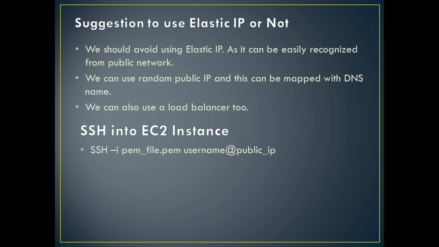Then the username, which can be ec2-user, ubuntu, or any other name you have given to your user, and @ public IP. Whatever the public IP is, we will have to mention it here. Once this command is successfully executed, we will be able to SSH into our EC2 instance and run commands accordingly.